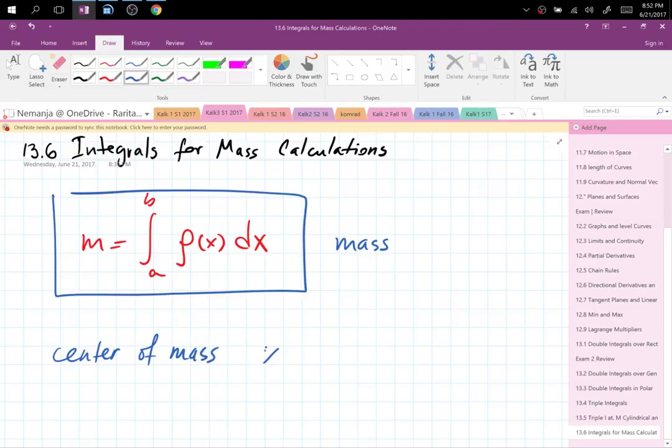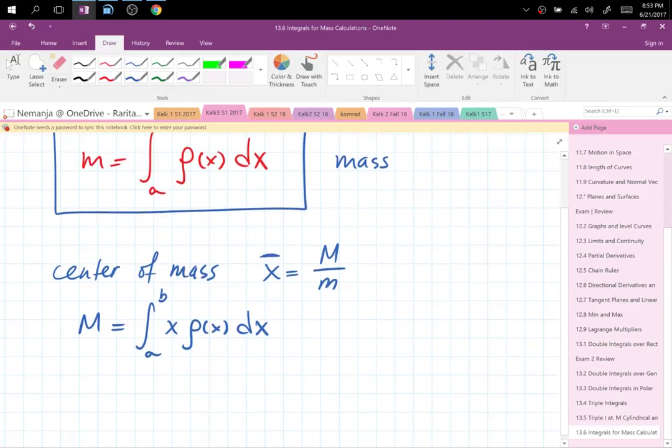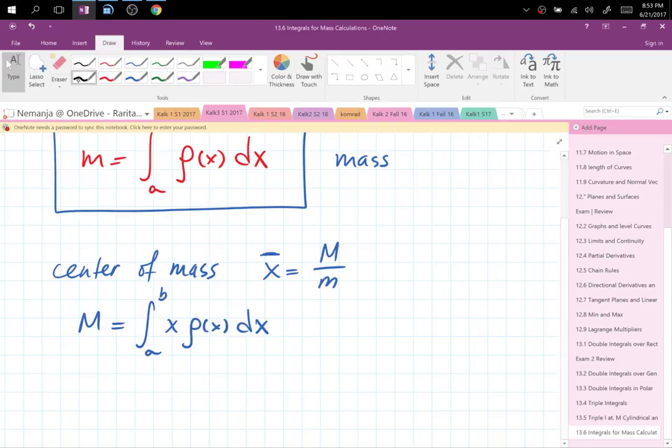Since we are only looking in the x direction, the center of mass will be the moment divided by the mass, where the moment is the integral from a to b of x rho of x dx, which is the spin around the point that we want to find. Now let's immediately take a look at an example for this, and then jump to double and triple integrals and be done.